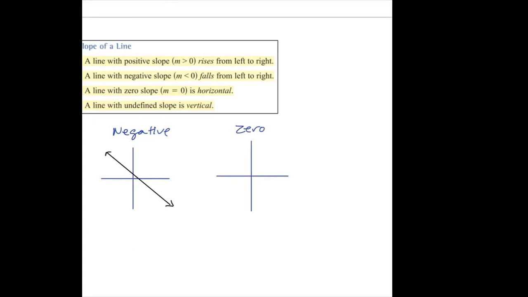And undefined slope is a vertical line, something like that.